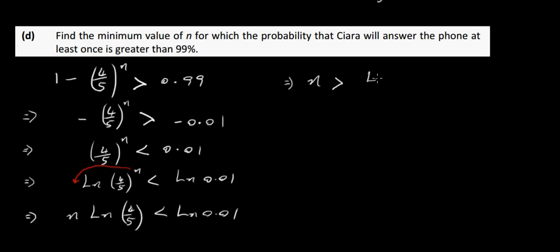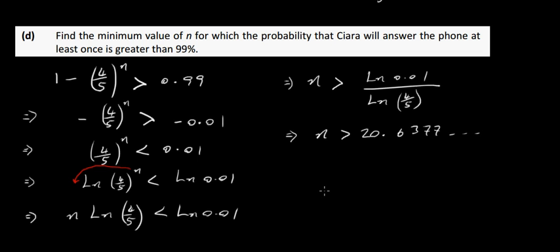So what we end up with is the log of 0.01 on the right hand side divided by the log of 4/5. All of this you can just do on your calculator. It's fairly straightforward. So you get n being greater than 20.6377 and so on.